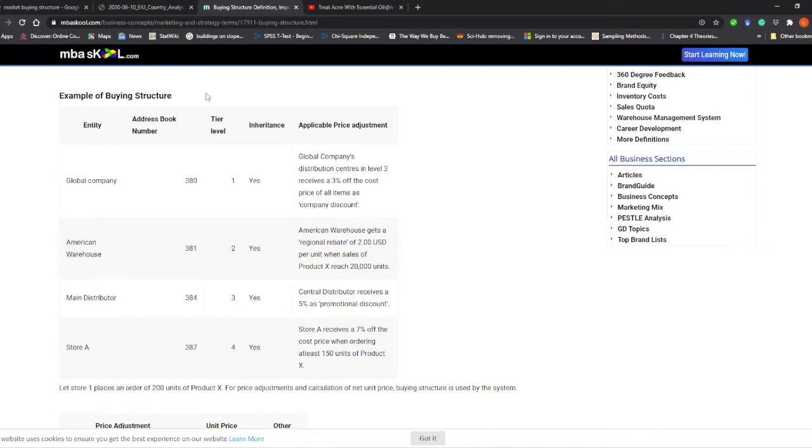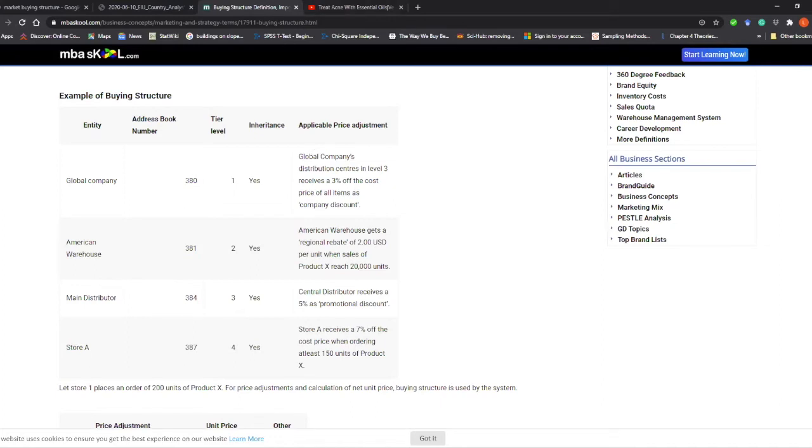So basically, it's about the different price negotiations and adjustments that influence the price of the product before it gets to the final consumer. Depending on how many intermediaries you have in the distribution process, the price can be adjusted so many times before it even gets to the final consumer.